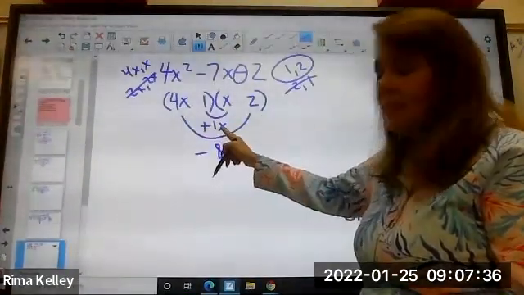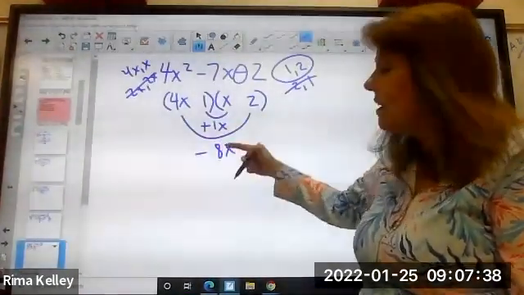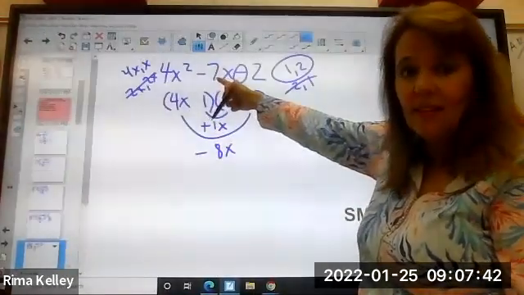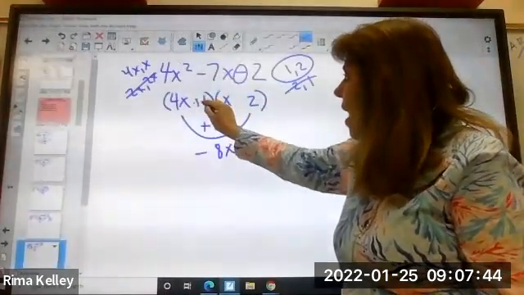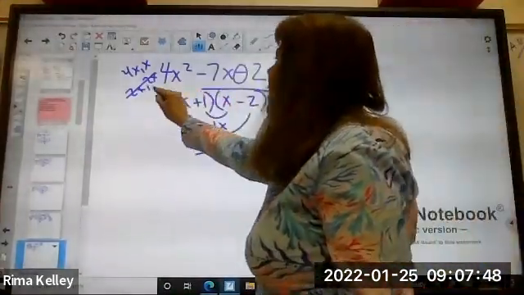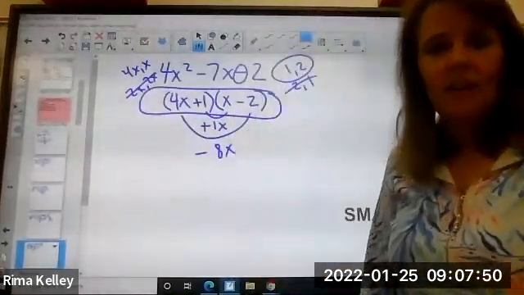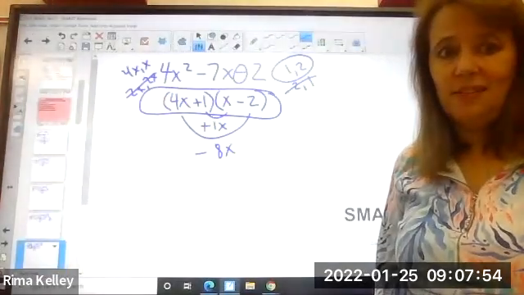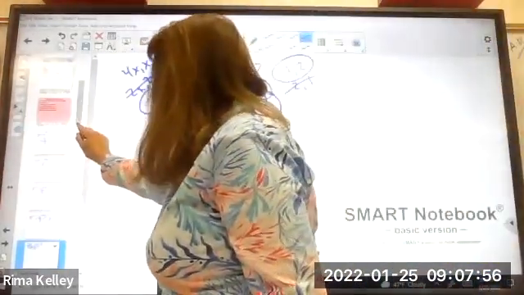So this gets the plus, this gets the minus, because 1x and negative 8x is negative 7x. So this one gets the plus, and this one gets the minus. And again, we got it in 1 try, instead of just sitting there doing 4 different tries to see if you can get it. All right, next one.